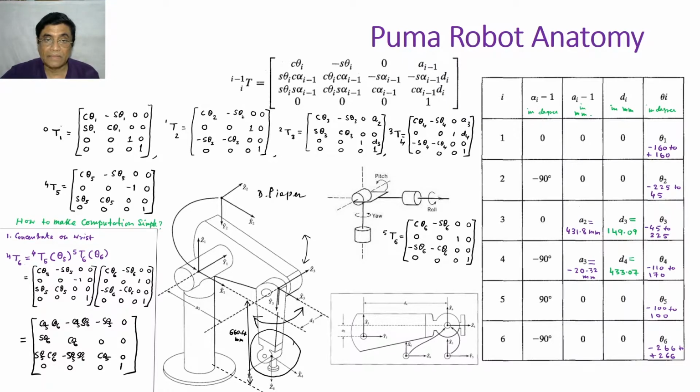D. Piper, a graduate student doing his PhD at Stanford, showed that in a serial open kinematic chain, if any three joint axes intersect at a point, then closed form kinematic solutions will be guaranteed.